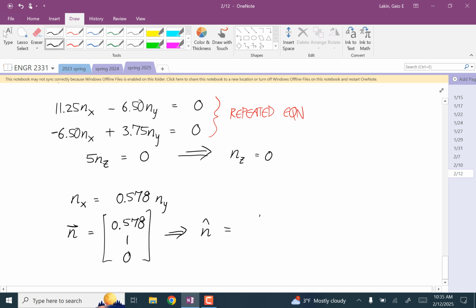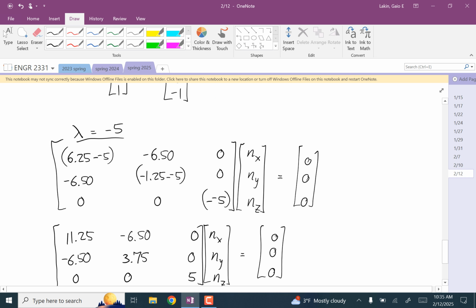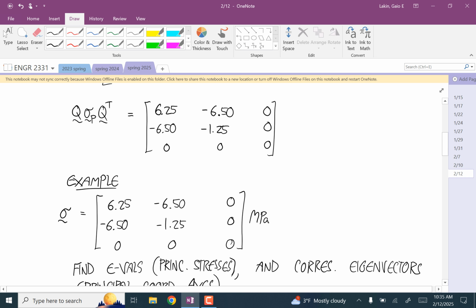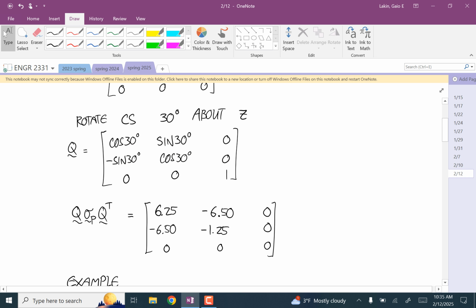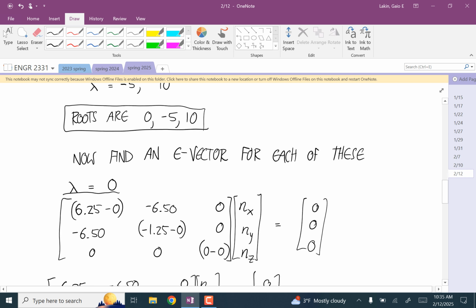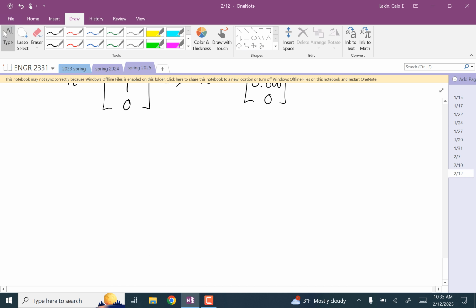And you get 0.5, 0.8660, which is very recognizable as a 30-degree rotation of the principal stress tensor. And you know, where we saw that 30 degrees was how I made this stress tensor in the first place. I rotated 30 degrees.